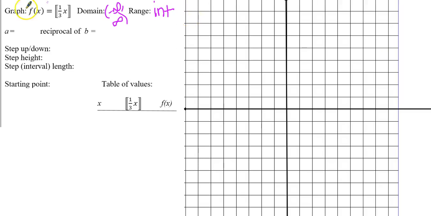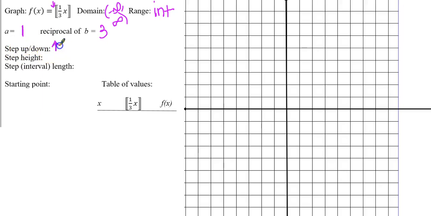Okay, so let's identify our A. That's this invisible number right here, 1. And the reciprocal of B: look here, 1/3, flip it over, 3/1, or 3. Okay, so that tells us some good information. Let's focus on our A. Is it going to step up or down? It's positive, up.